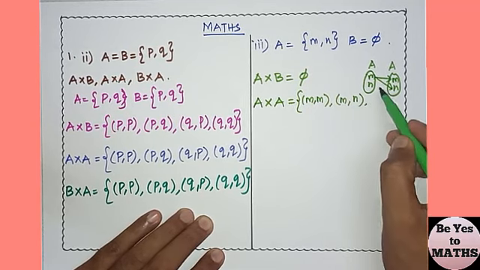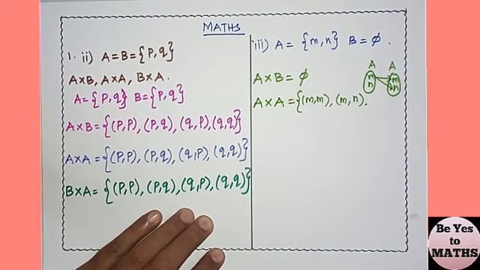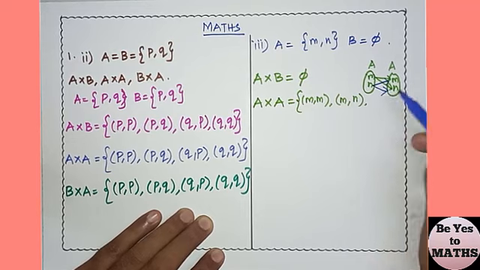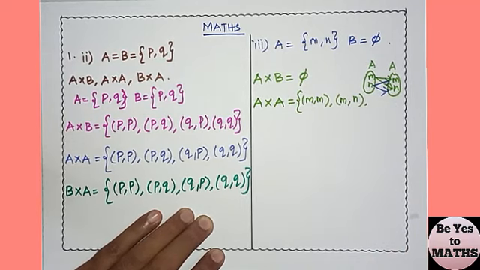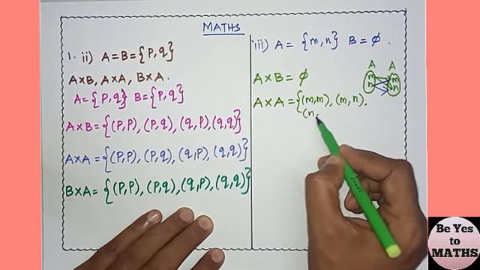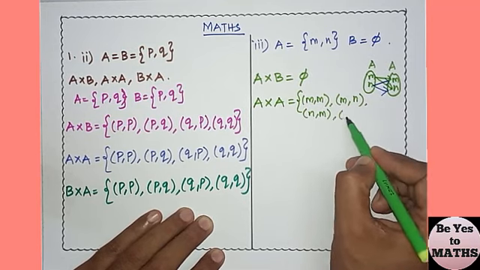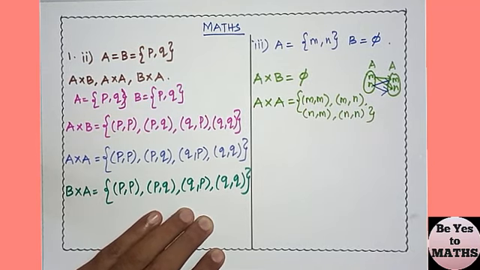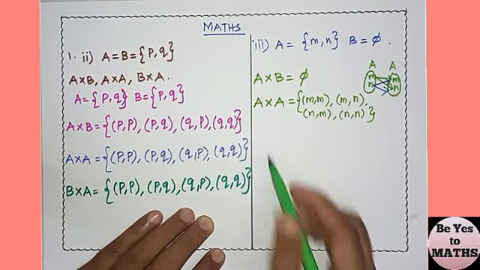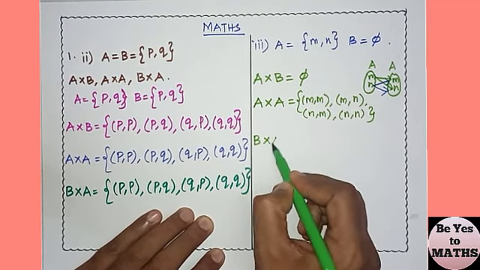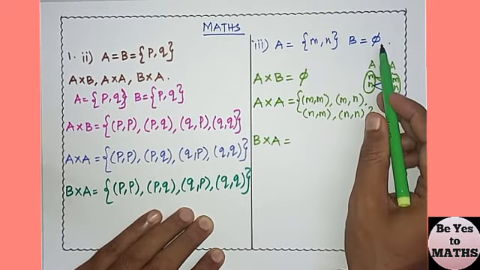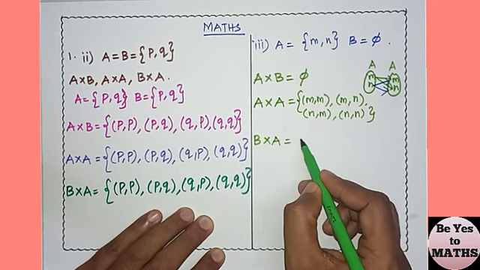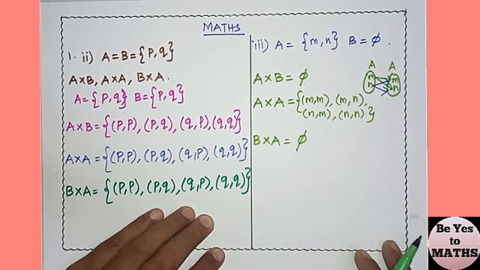Now take element n and pair with all the elements in the A. So n comma m, n comma n. This is A cross A. Now B cross A: empty set cross A set will be empty set.